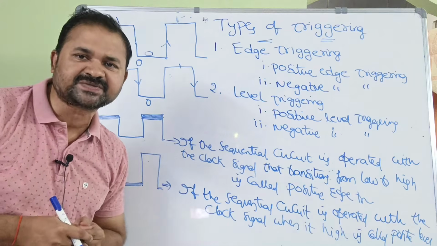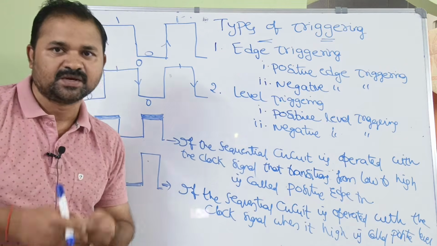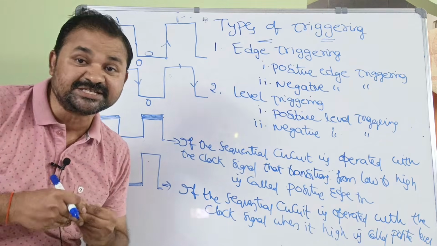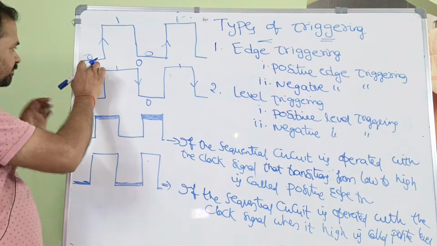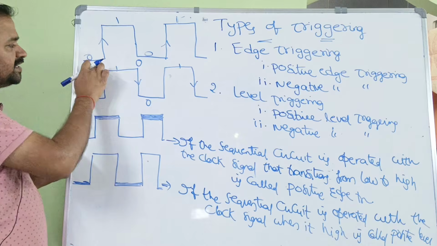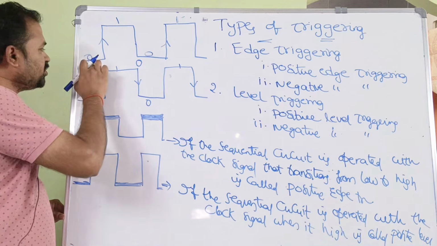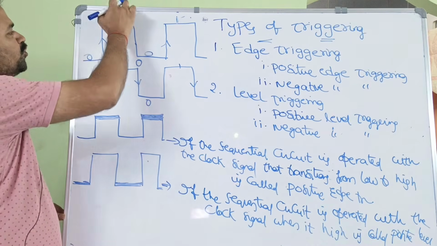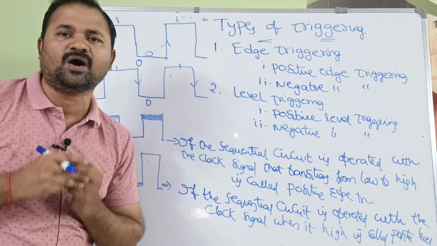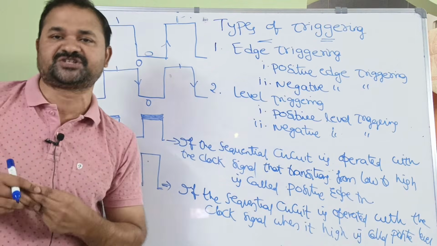Positive edge means the clock signal transitions from low to high, from 0 to 1. So this is called the positive edge, or it can also be called the rising edge.